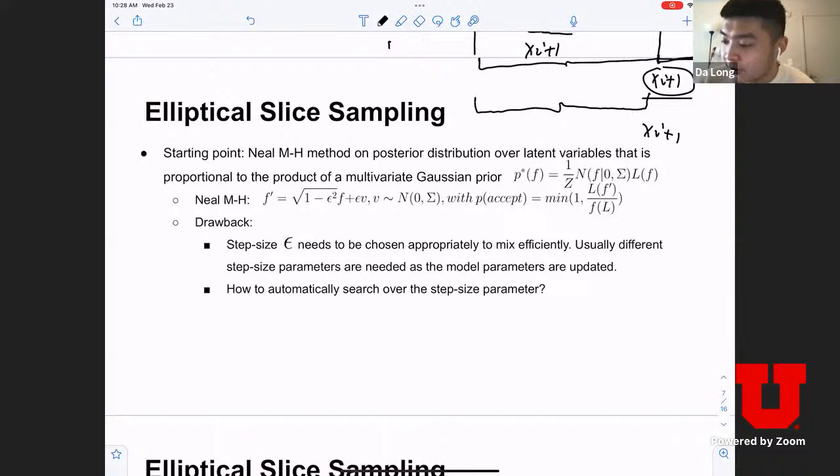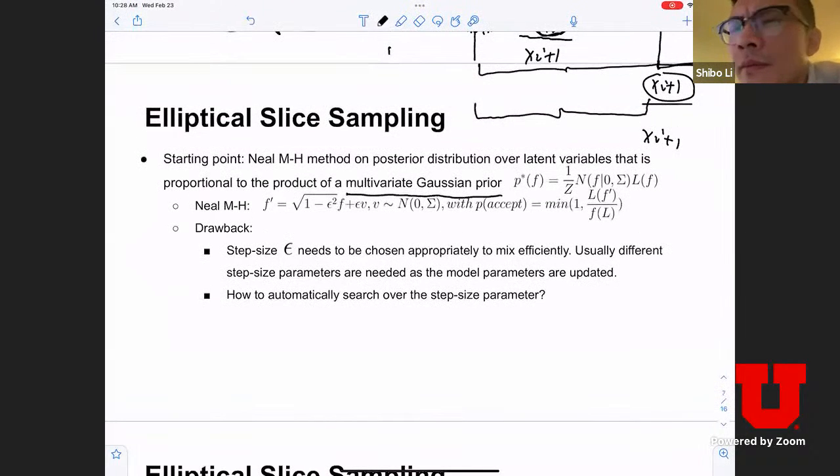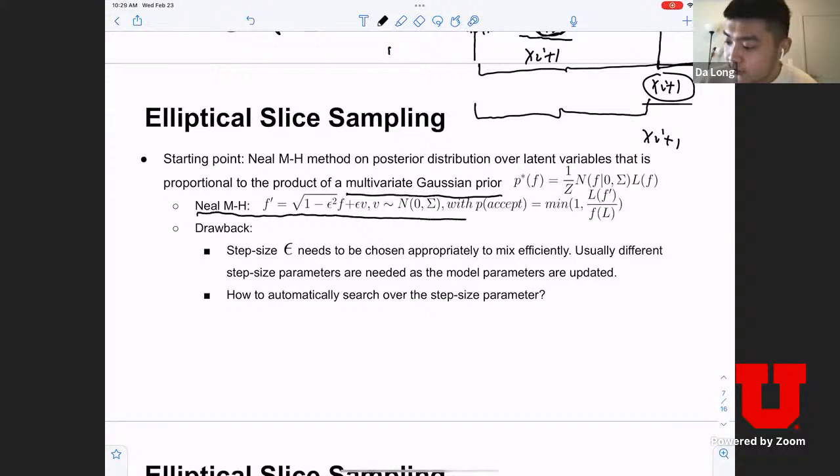The distribution must have a multivariate Gaussian prior. So the starting point of the paper is the naive MH sampling, for the multivariate Gaussian prior.